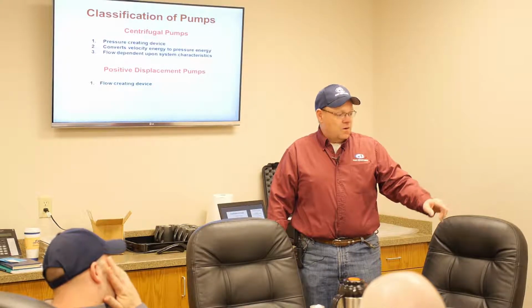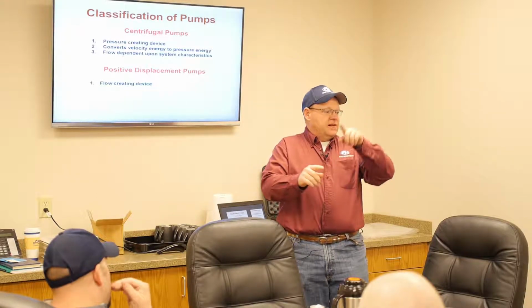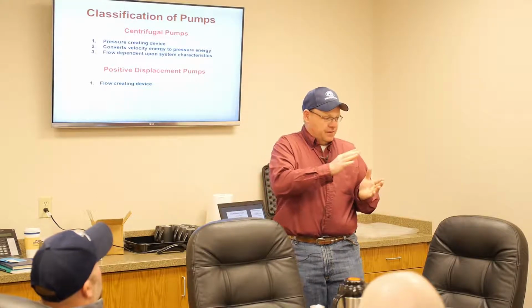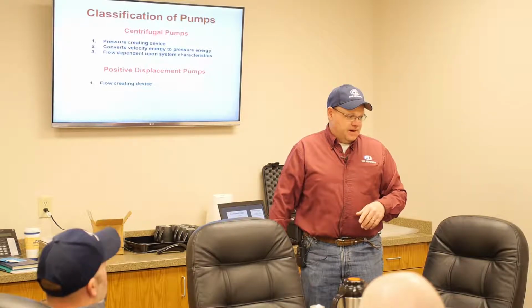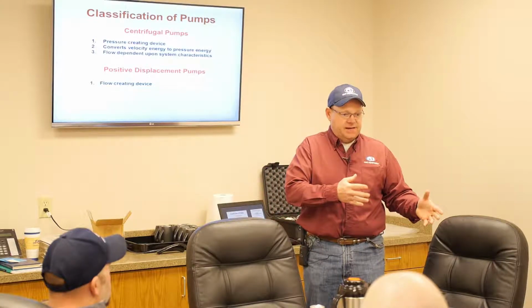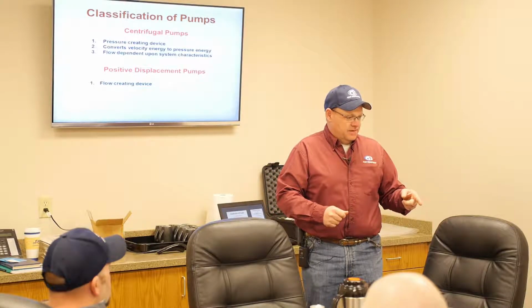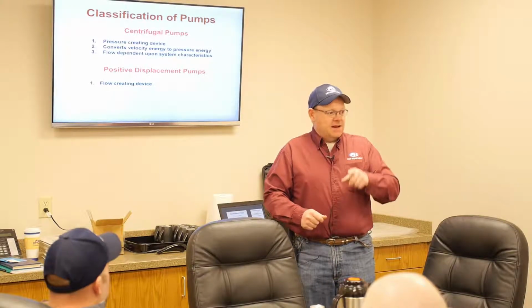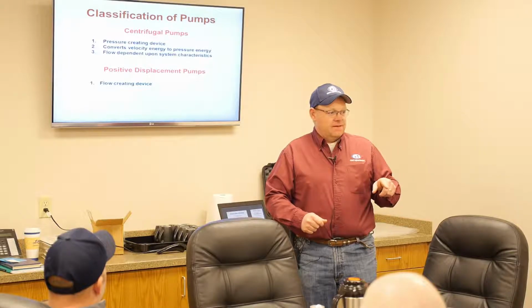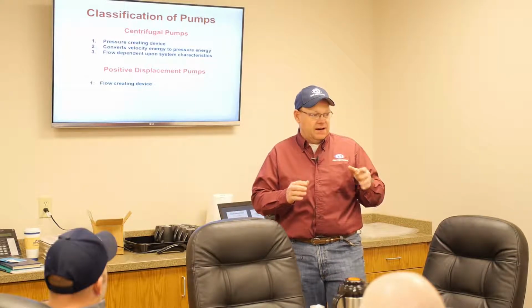With the Ropers, every time it rotates, the gears fill a certain amount. Does that make sense? On the Ropers, a model 3648 is 0.48 gallons per revolution. Every time the shaft rotates 360 degrees, it's going to produce 0.48 gallons.